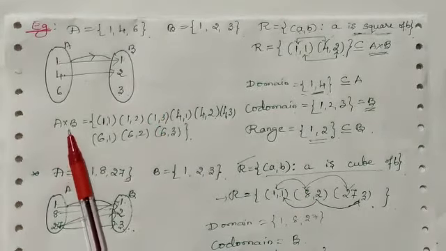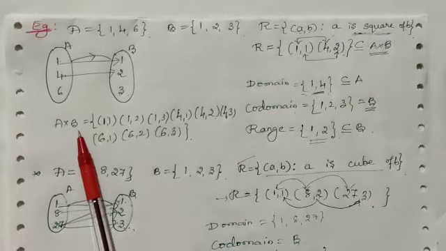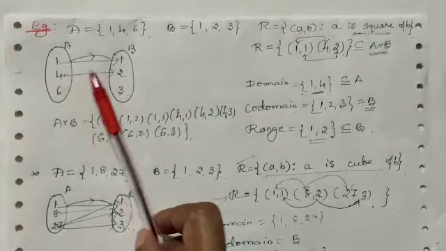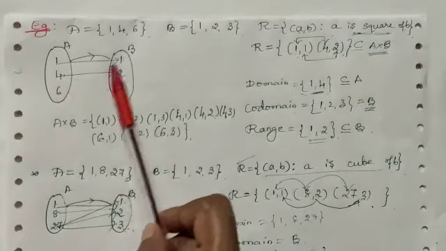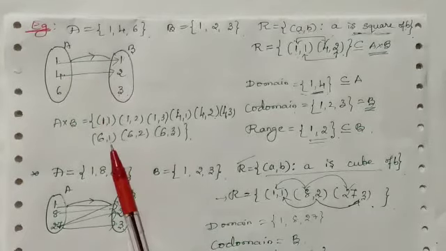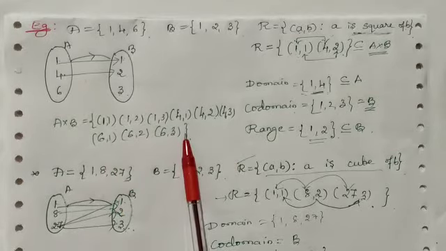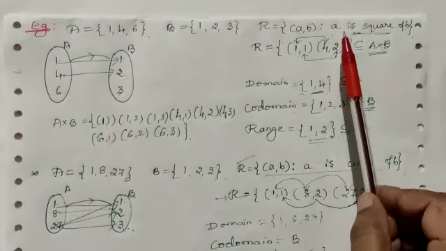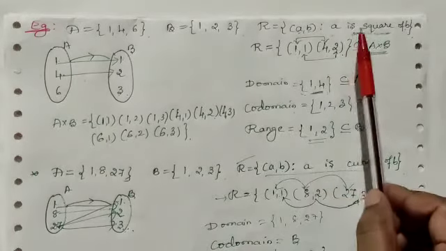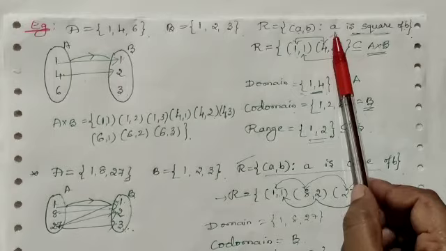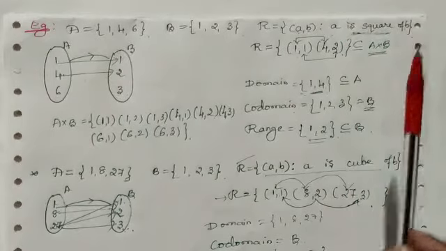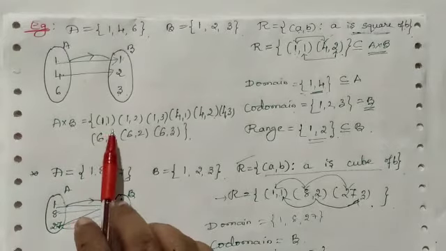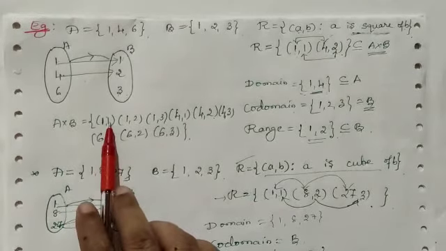First, write down the Cartesian product. A cross B is equal to (1,1), (1,2), (1,3), (4,1), (4,2), (4,3), (6,1), (6,2), (6,3). So a total of 9 ordered pairs are there. Now check the ordered pairs. In our relation, the first element must be the square of the second element. Take the first ordered pair. 1 is a square of 1.